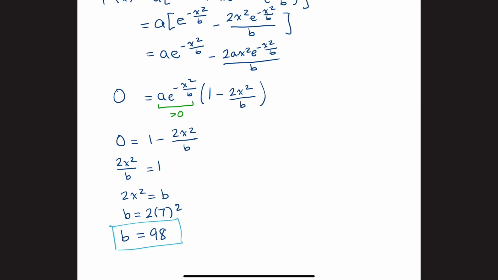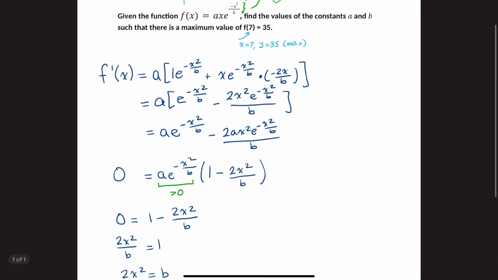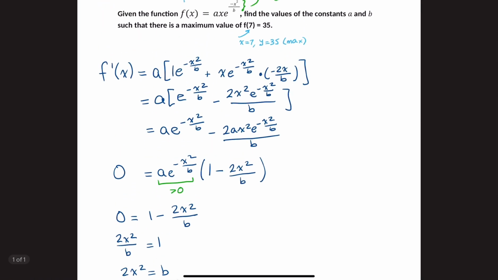And so our b value turns out to be 98. Now what about our a value? Well, we are told that f at 7 is equal to 35. Why don't we use the original function as a piece of information? So we know that f at 7 is equal to 35, and wherever I see an x, I'm going to plug in a 7.